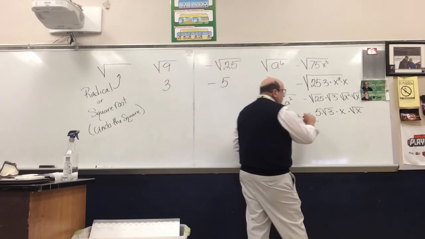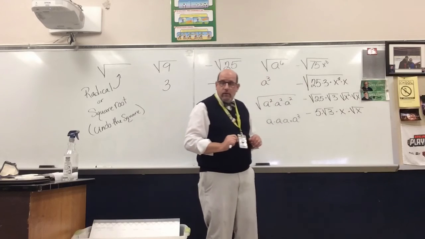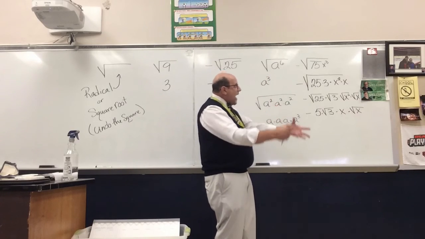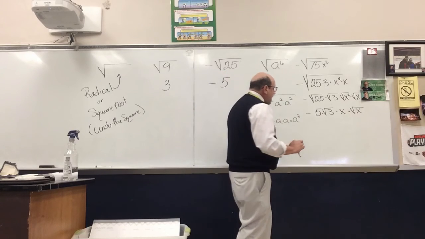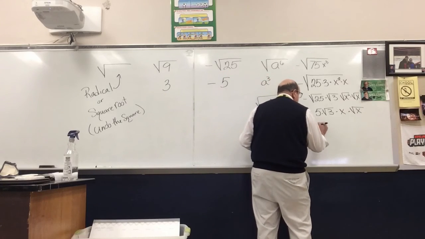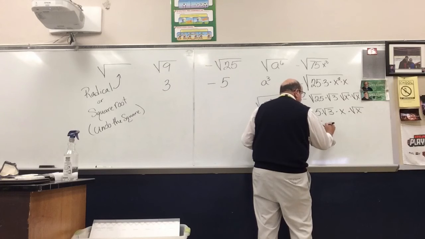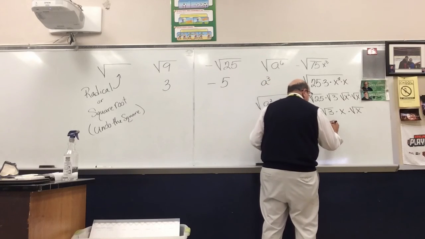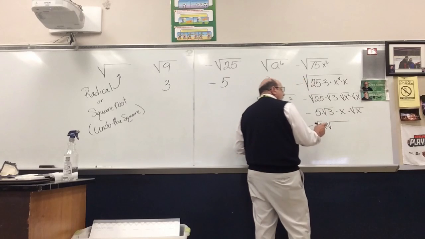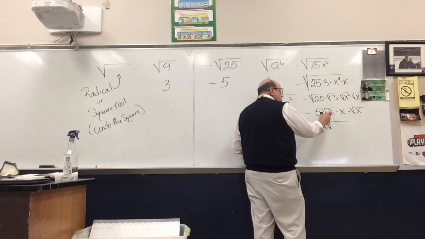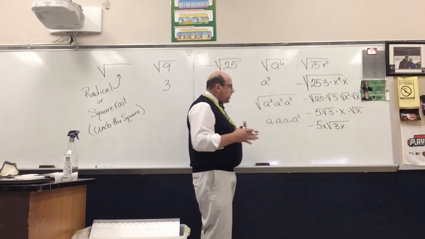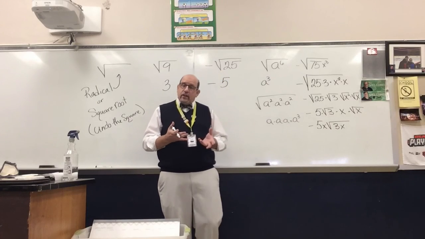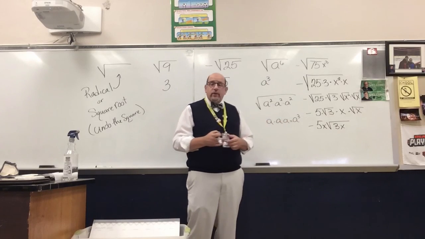So, now that I've done this part, I can take anything that's outside that doesn't have a radical around it and multiply it together, which means 5 times x on the outside, and let's see what's left over inside a radical, or under a square root symbol. That's a 3 and an x. And while it looks a little bit challenging, that's really all there is to it.